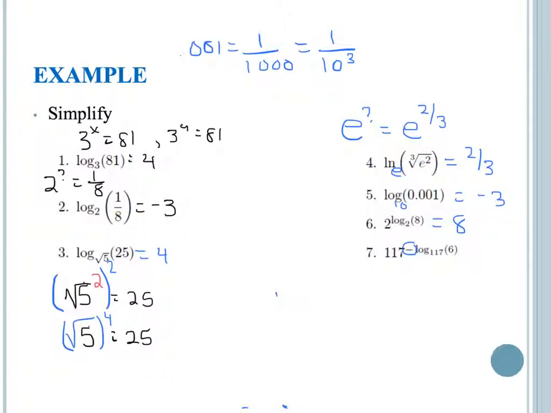I know that I have the base of my exponent and the base of the logarithm, they're the same. I don't get negative 6. I have a negative in my exponent, so I have a result of 1/6 because of my negative exponent. So it's a 1 over 6.